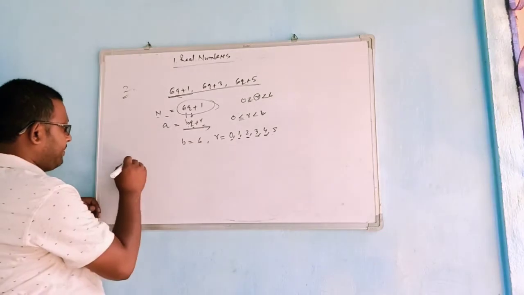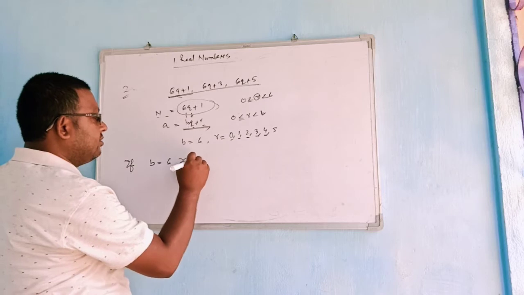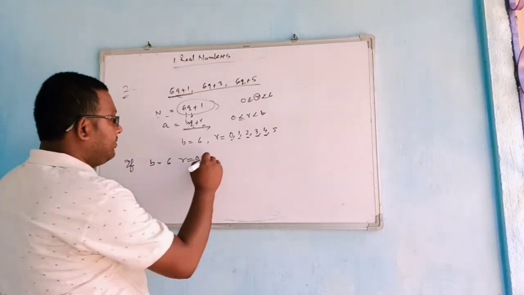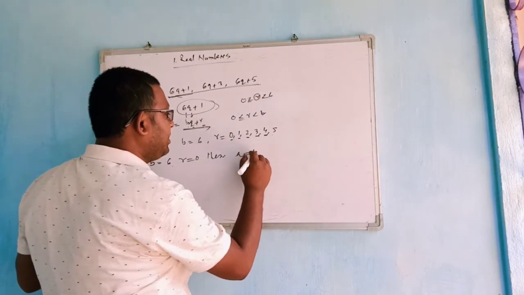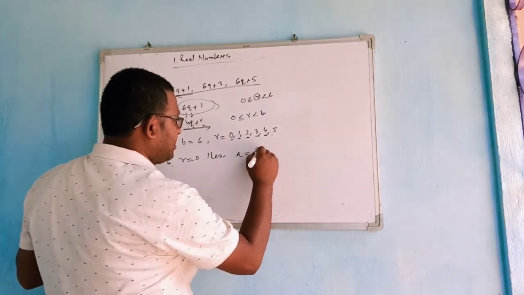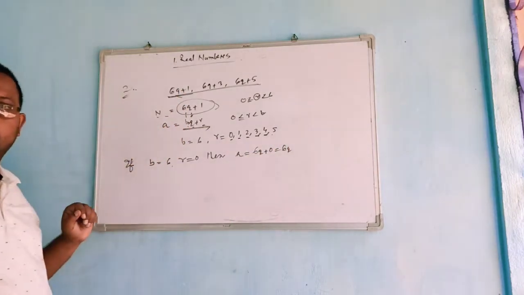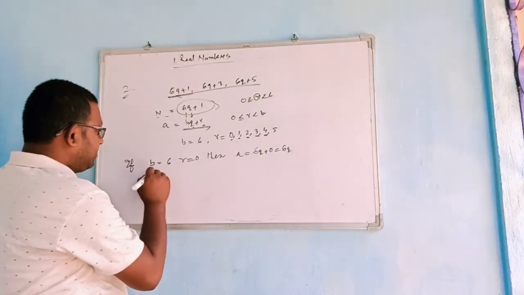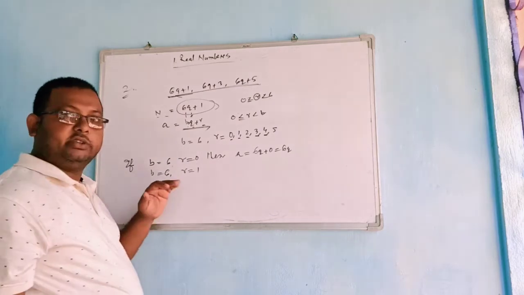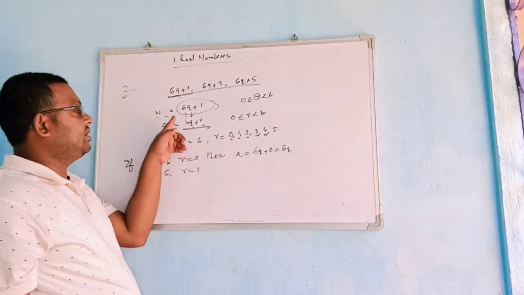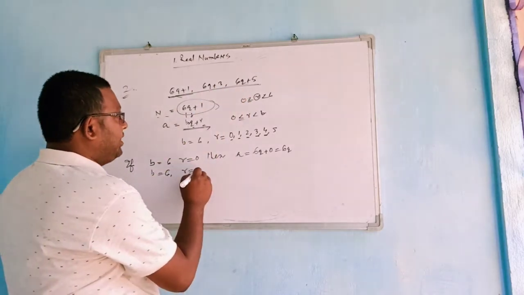If b equals 6 and r equals 0, then a equals 6q plus 0, which is 6q. Again b equals 6, and b is always 6 everywhere.